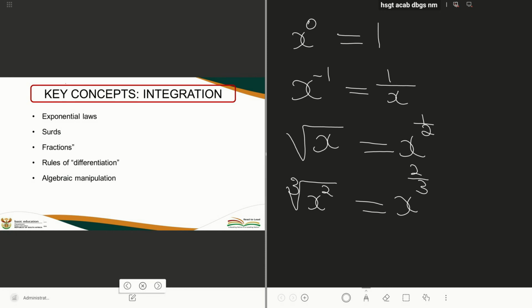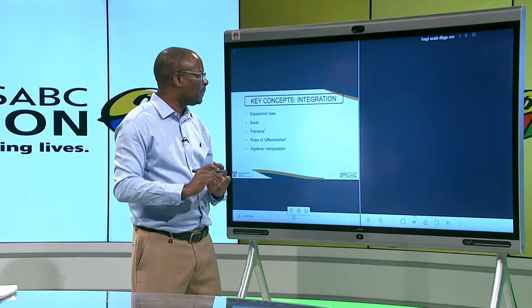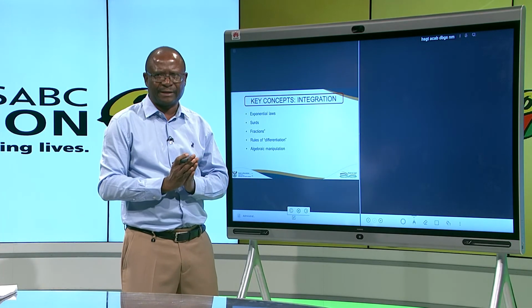Even if it is given in fractional form, make sure that the fraction is written in a simplified form. Many times it seems that many learners are challenged with fractions, so I am just going to give at least a few examples of fractions.